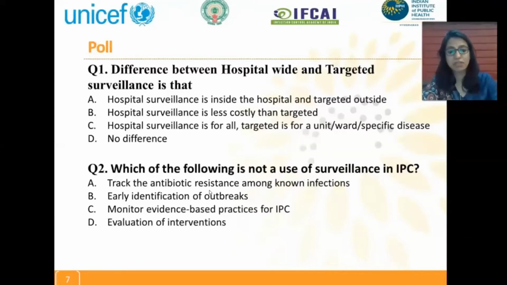However, for evaluation of interventions, some information from surveillance can be used, but the evaluation calls for a different methodology and looking in depth into the processes, the outcomes, and the reasons for success. Okay, let's go to the presentation.